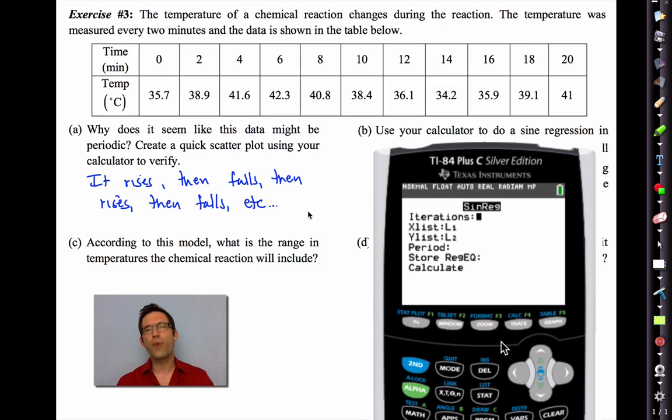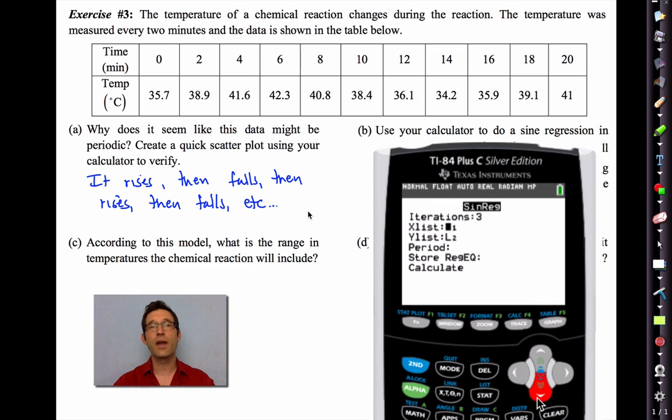The process of sine regression is quite tricky, and the mathematics behind it are even more complicated than other types of regression. The higher the number of iterations you give it, the longer it will take to produce your equation, but the more accurate your equation will be. I find that 3 iterations is perfectly good, so let's leave that number at 3.